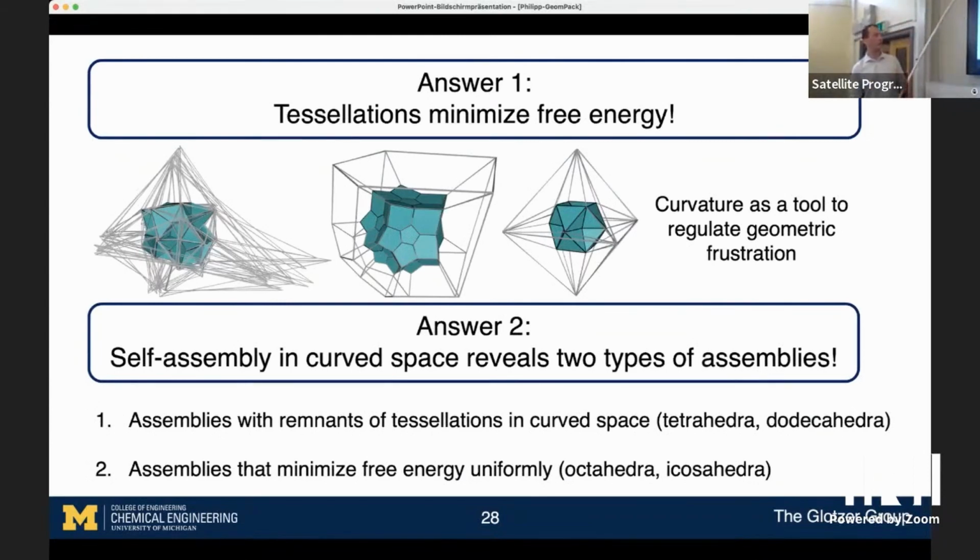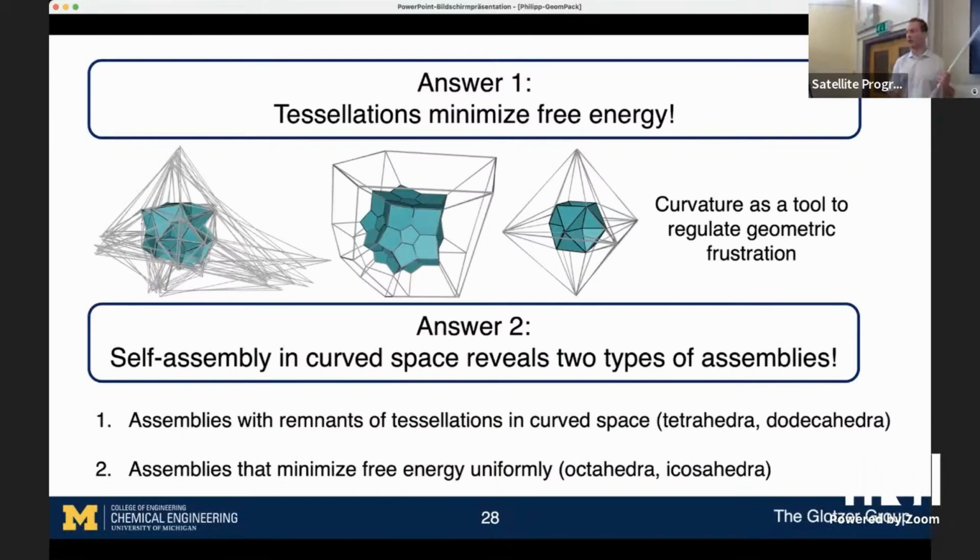And I also had an answer to question 2: self-assembly in curved space reveals, in terms of the fundamental physics, two different types of assemblies. The first one, and these are the more complicated ones, where you have multiple environments, are remnants of tessellations in curved space.